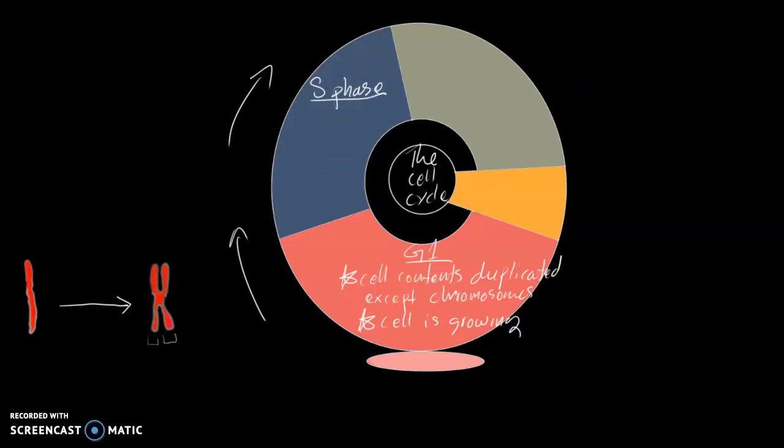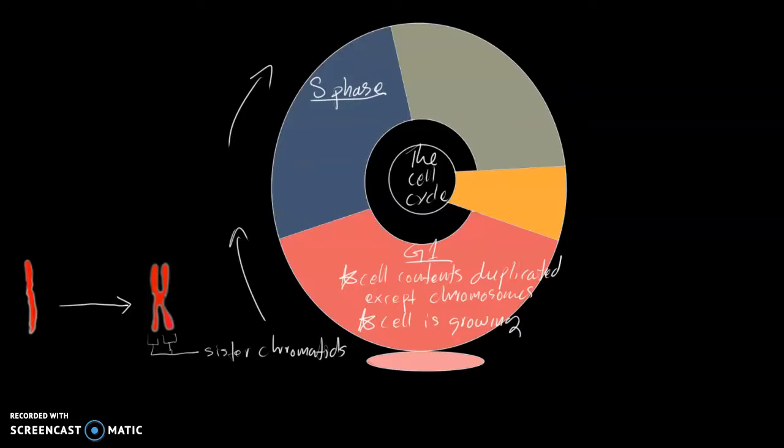And these two chromatids that we have, they are identical, and we call them sister chromatids. And again, they are called sister chromatids because they are 100% identical.